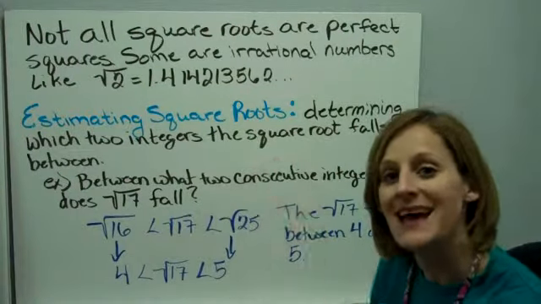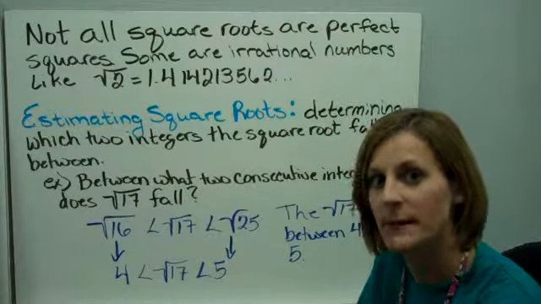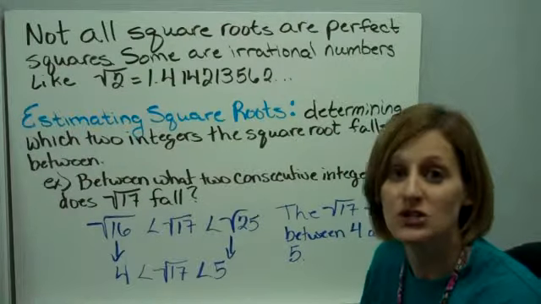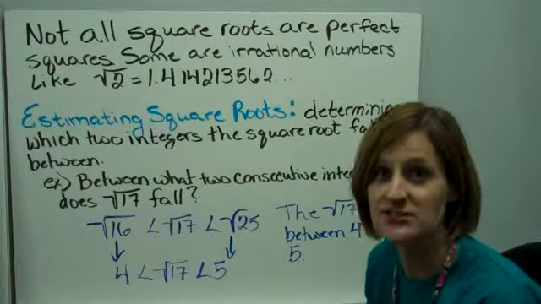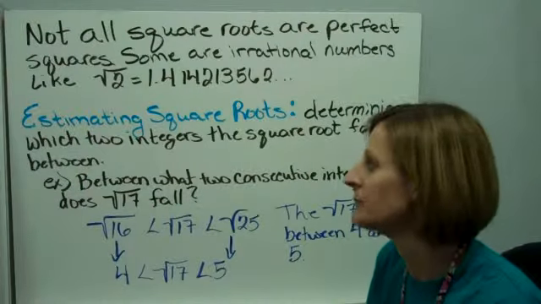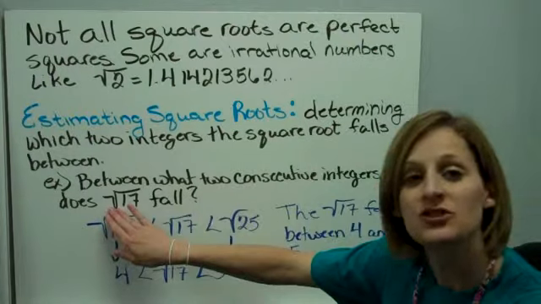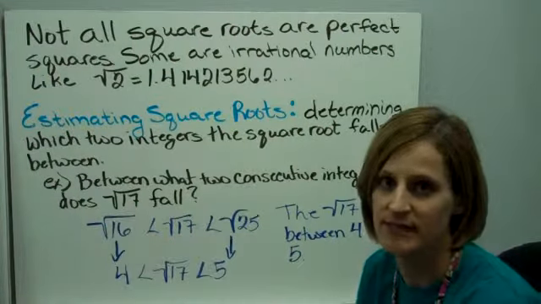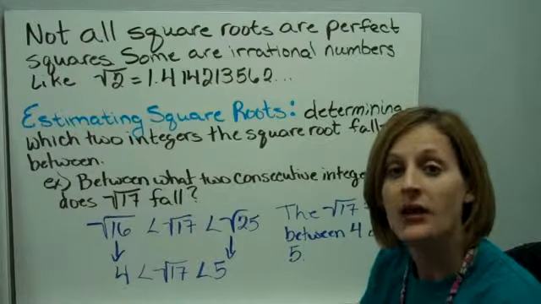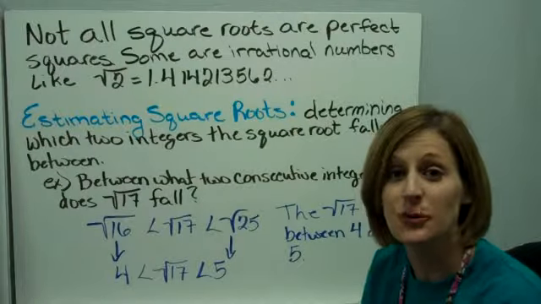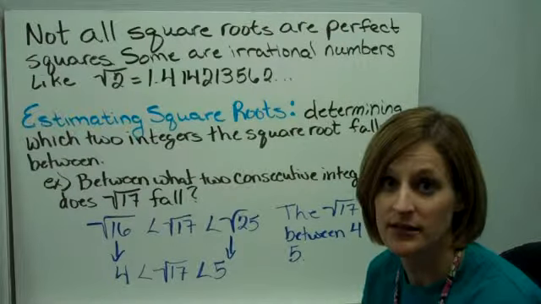So we sometimes estimate our square roots, meaning we pick which 2 consecutive integers the square root falls between. For this one, we want to look at what 2 integers the square root of 17 falls between. What you're going to do is find your perfect squares on either side.